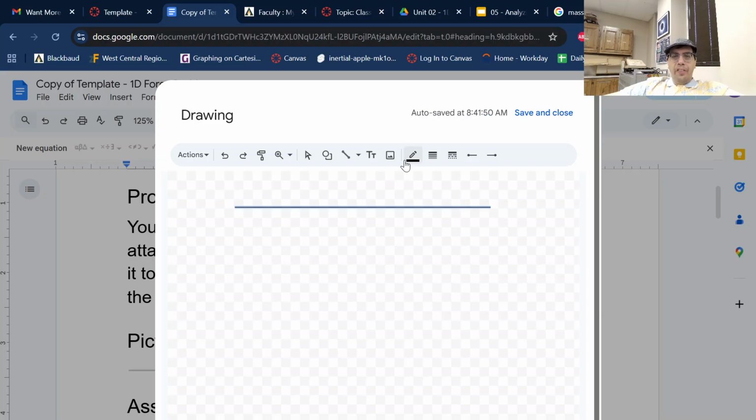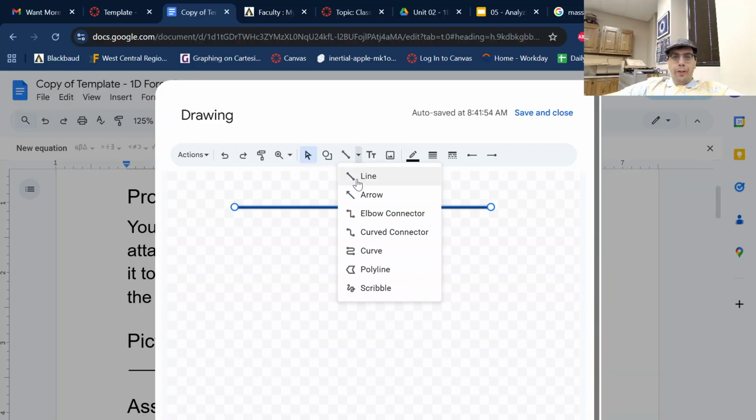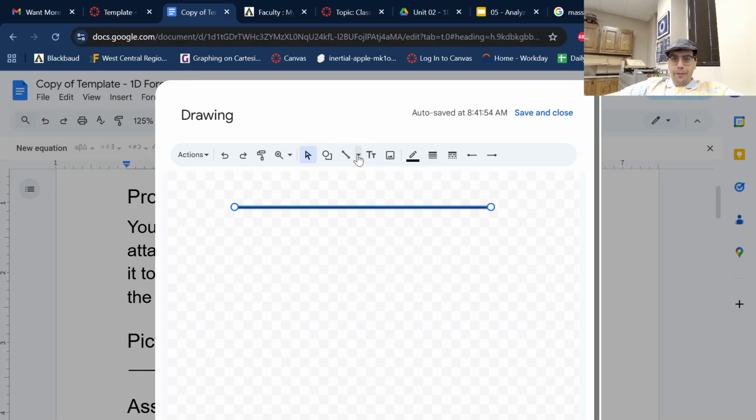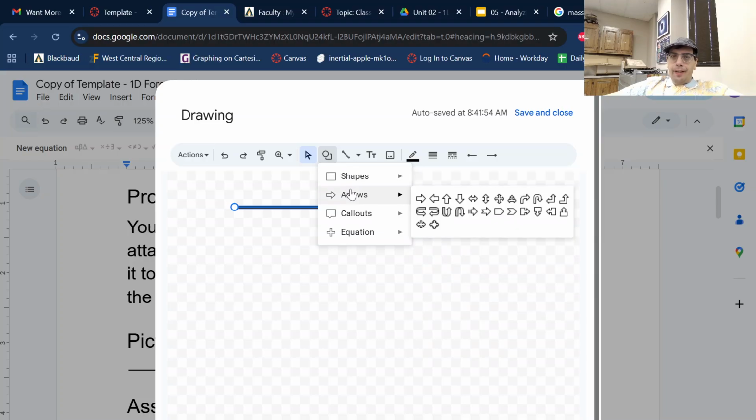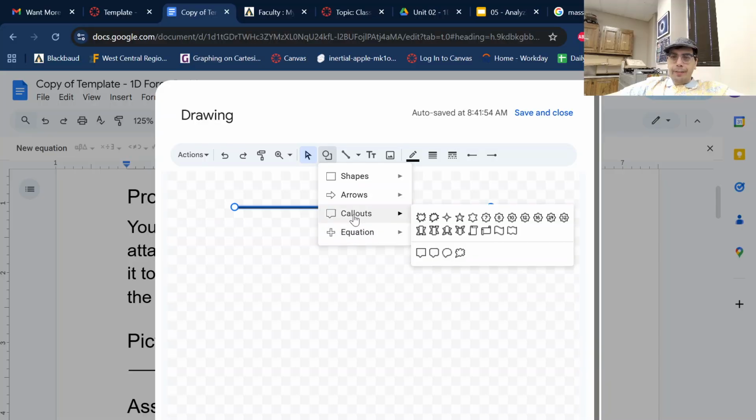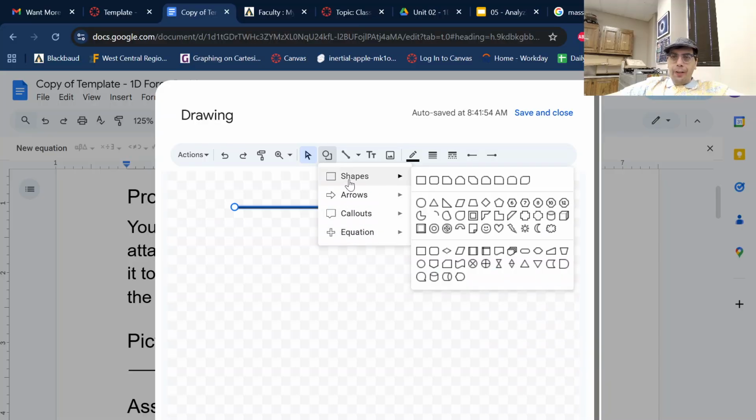So here's the ceiling. And we need to draw a spring. Spring is always the hardest thing to draw in Google Drawings. Trying to find just a cheat that I can use. It looks close enough like a spring.